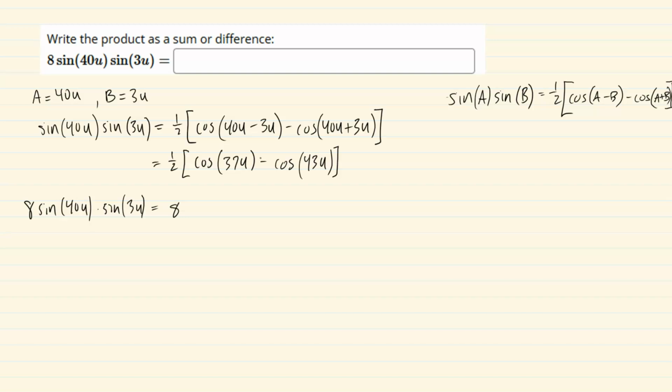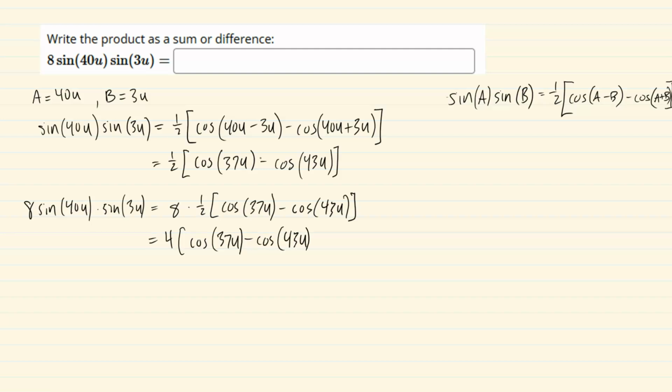So that would be 8 times 1/2 of cosine of 37u minus cosine of 43u. And that gives us 4 cosine of 37u minus cosine of 43u.